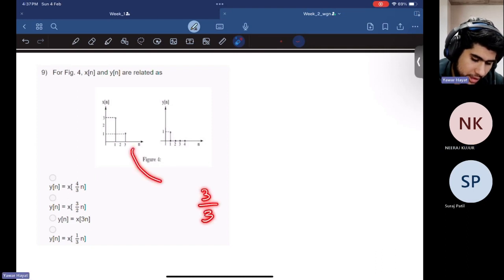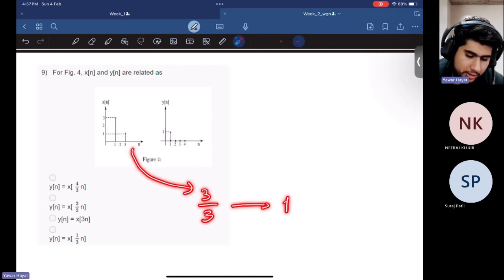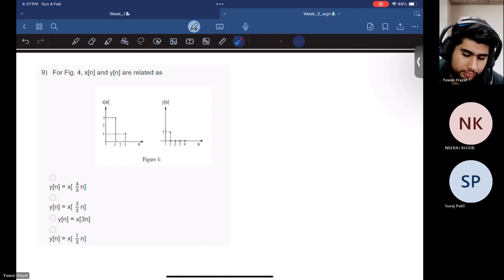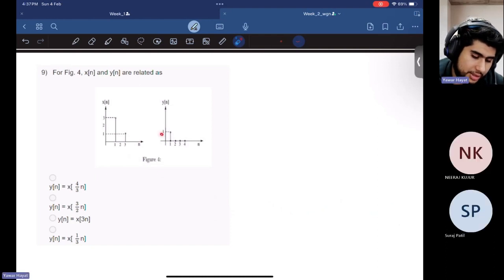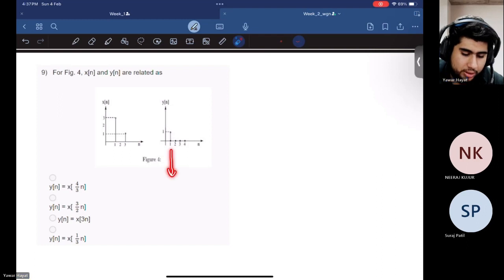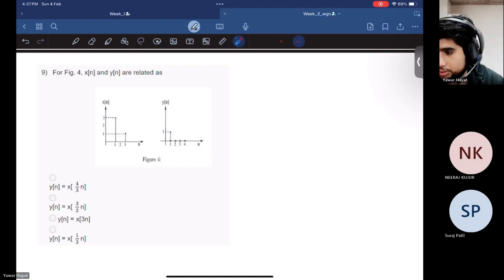See, 3 by 3 is 1, which is an integer, right? So hence corresponding to this n equal to 1 will have value.